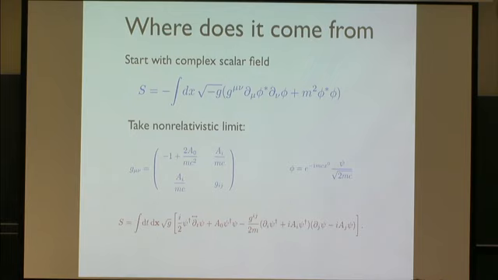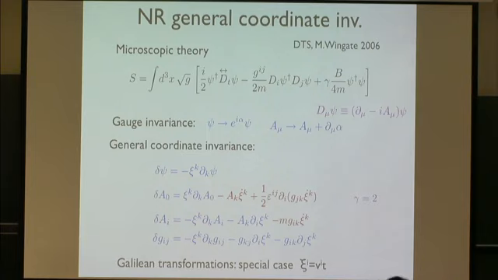Okay, so this is one way to see the invariance. But I would like to emphasize that we don't have to think about the relativistic theory at all. We can just start from the non-relativistic theory and then find out that there is invariance. Yes? All particles have to have the same charge.